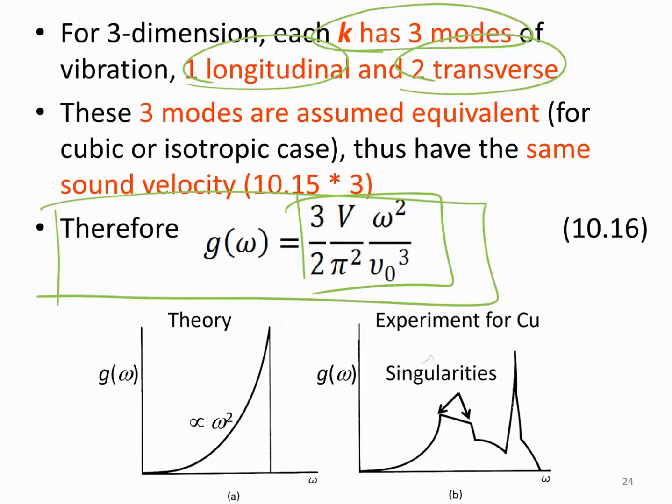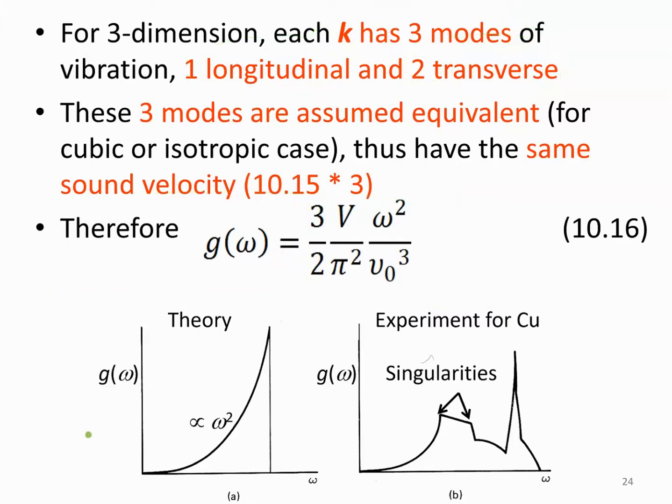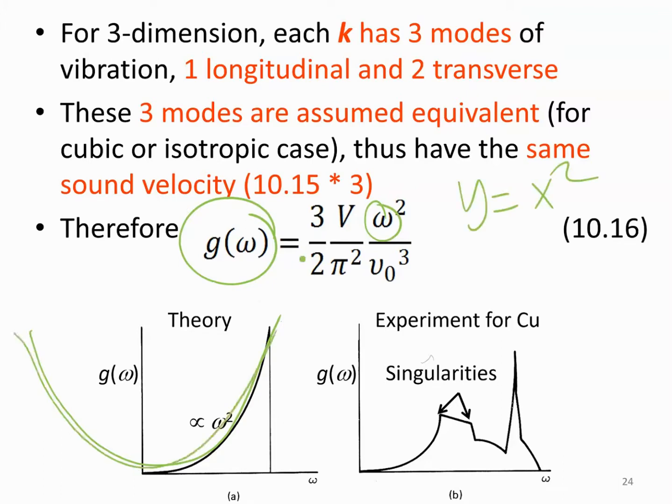So if we plot this equation as a graph of g(ω) versus ω, you have a graph like this, y equals x squared. Correct or not? So this is what we get from the theoretical result.